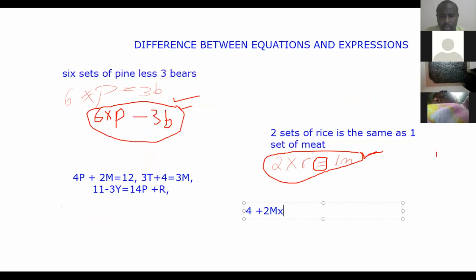Is that still an equation? Yes, because they have things on both sides of the equal sign, right? It's showing equality. What this is saying to you, Zaria, is that 4 plus 2m times 2 is going to give you 1. All right? Yes, sir. That's an equation. Any other questions?